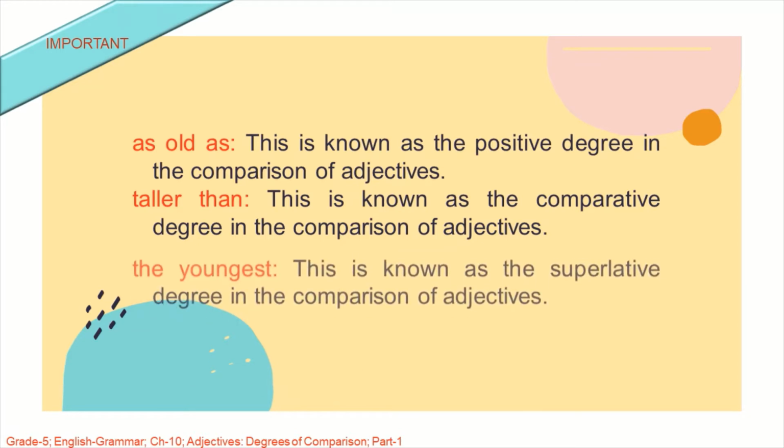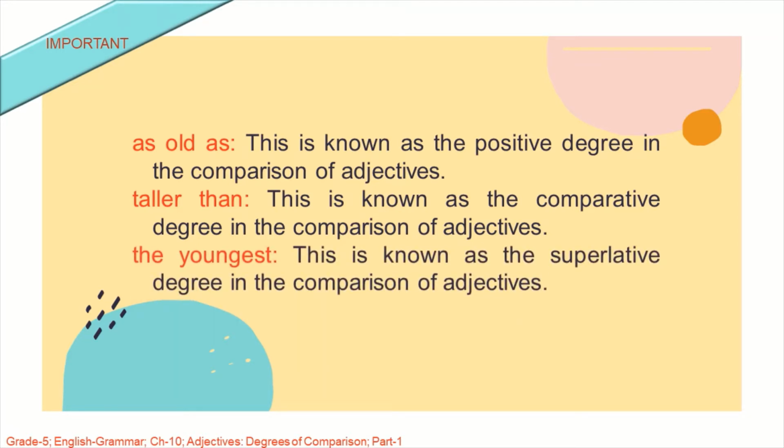Then the third one and the last one, the youngest. In the word youngest, you have to remember est. If in any word the est suffix is there, it means that is the superlative degree of comparison. This is known as the superlative degree of comparison.